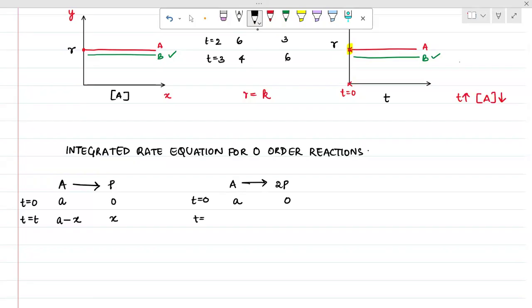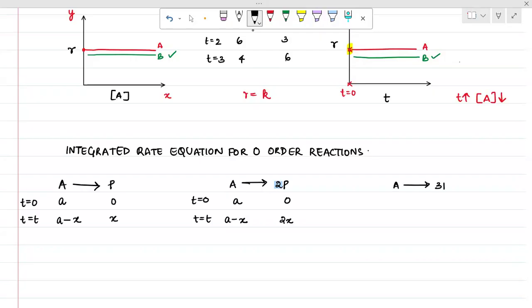But at some time t, some amount of the reactant has reacted. And can you see the stoichiometry over here is 2P. The stoichiometry of the reactant is 1 and the stoichiometry of the product is 2P. So even if x reacts over here, it appears as 2x. Very easy. Just follow the stoichiometry.